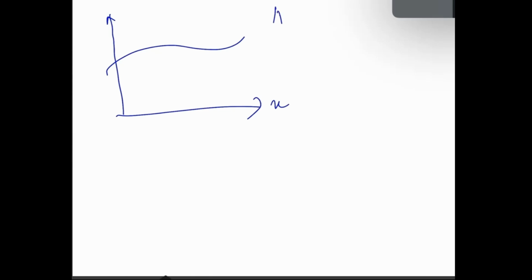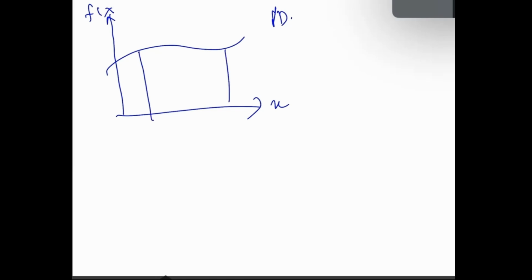There are three types of integral. For example, we have a simple one for 1D, one dimension, with x axis. Let's say this is f(x).